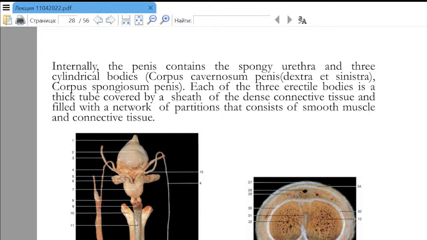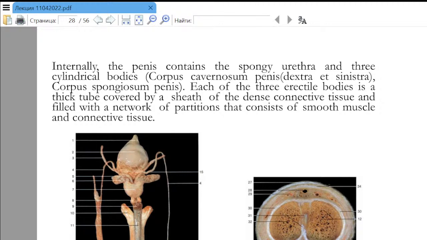Corpus cavernosum penis, dextra and sinistra. Corpus spongiosum penis.